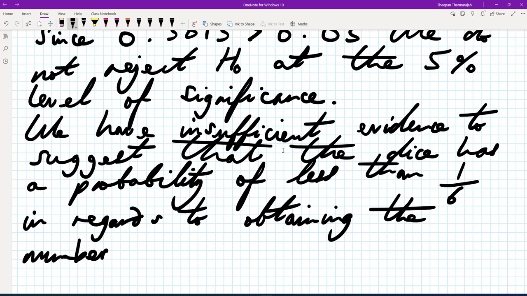Please excuse the clarity of my handwriting there.